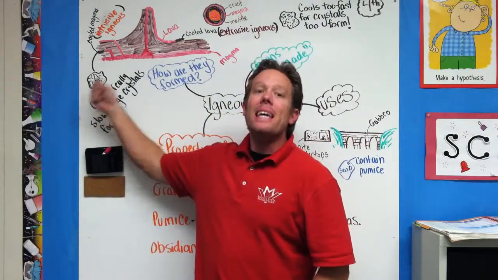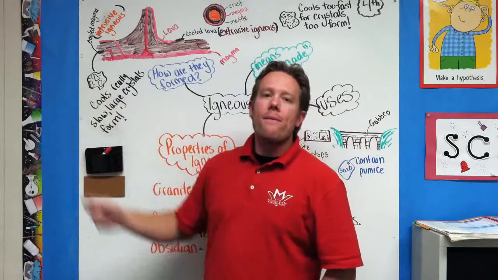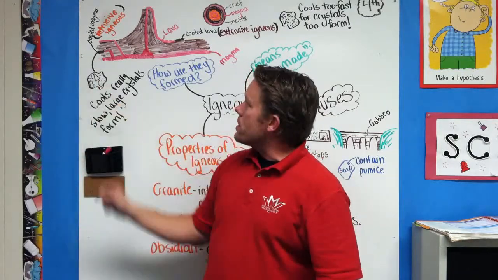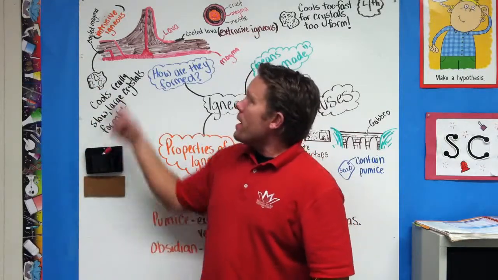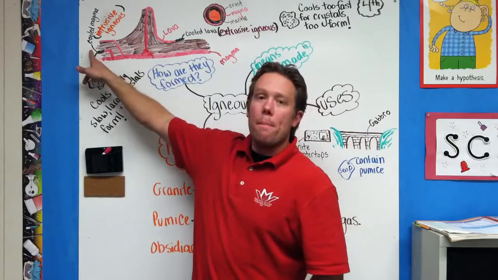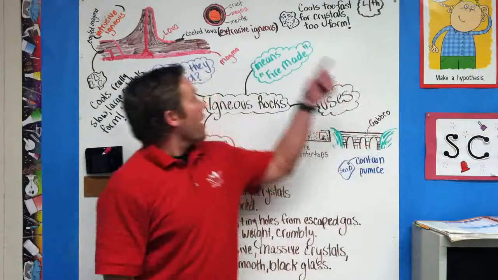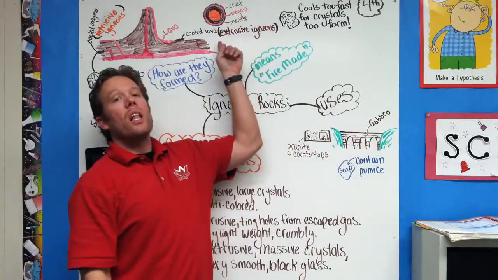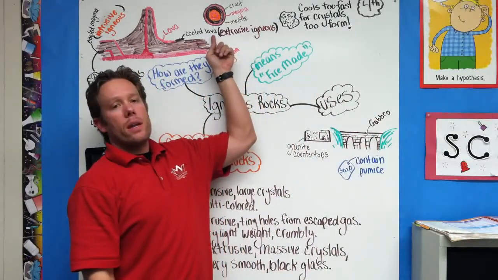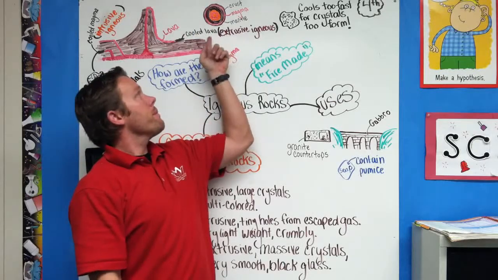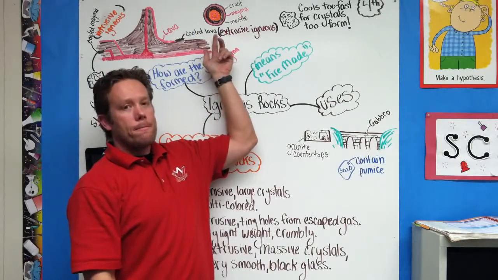The intrusive igneous rocks have very large crystals, and you can see those there. Now this is cooled magma because it never gets to the top of the crust. Whereas this is cooled lava because once again, once the magma gets to the top, it's called lava. Right?